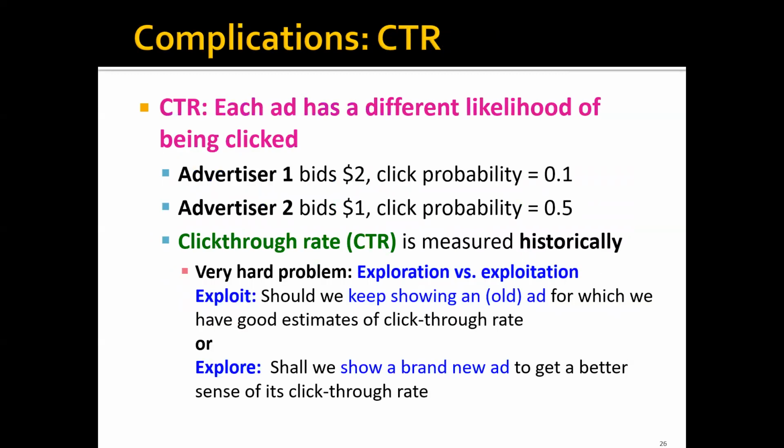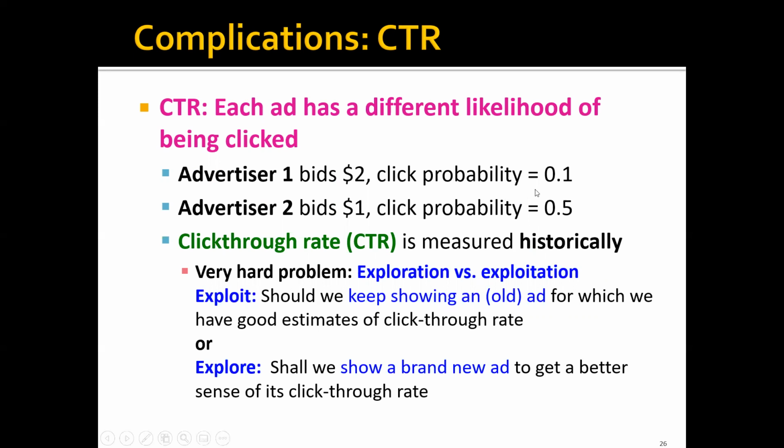So basically, for this second problem, each ad has a different likelihood of being clicked, right? This is different CTR. For example, advertiser 1, although it bids $2, has a click probability of only 0.1. And advertiser 2 might bid a little bit less, $1, but the click probability will be 0.5, which is significantly higher.